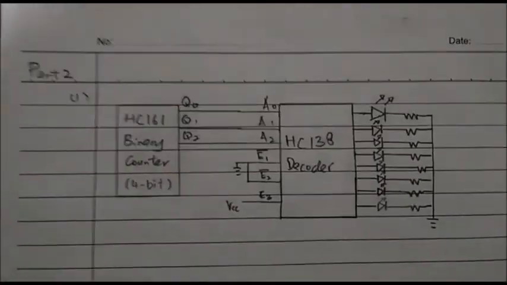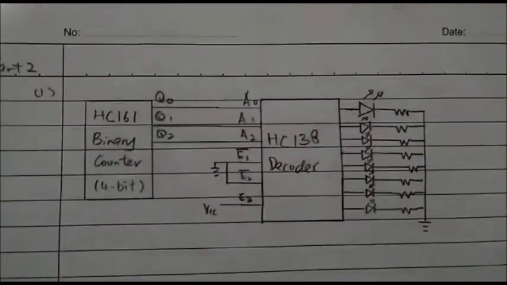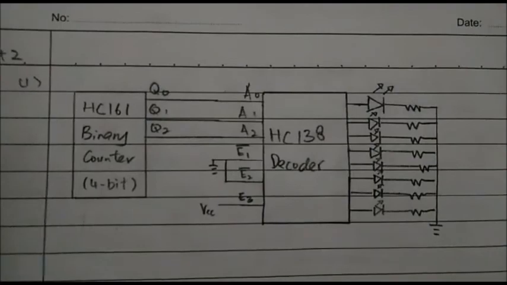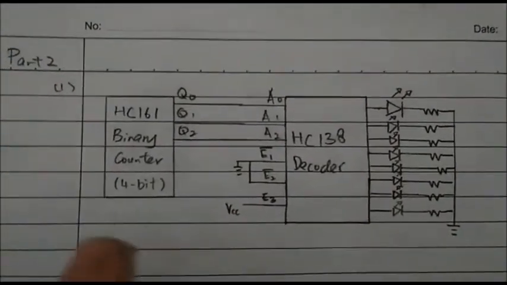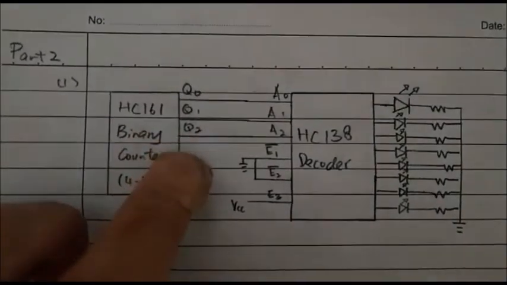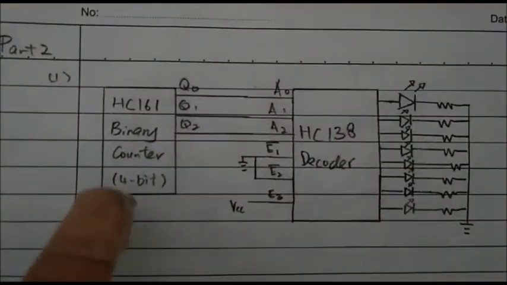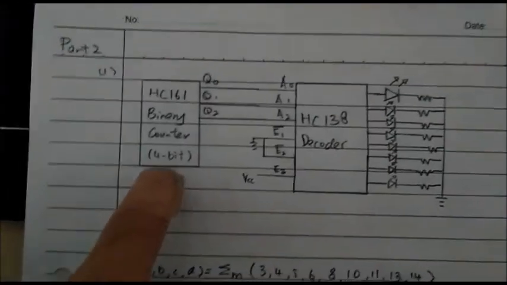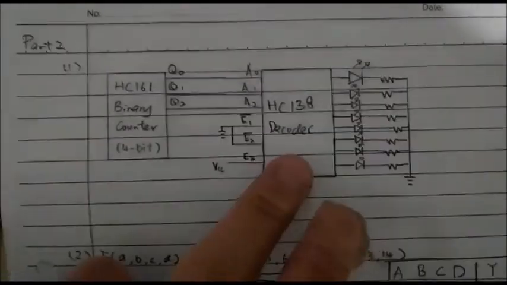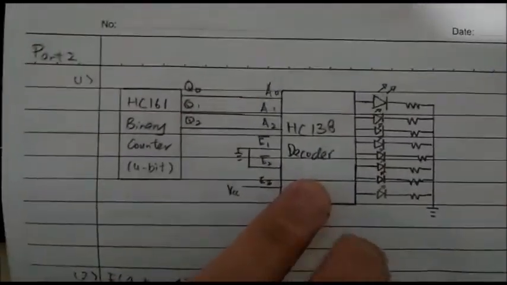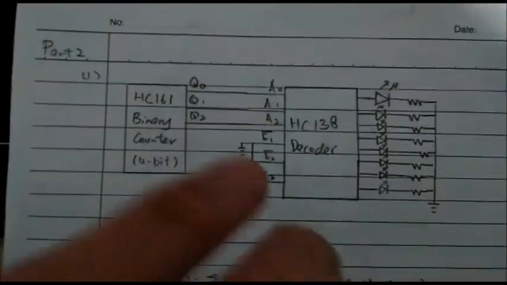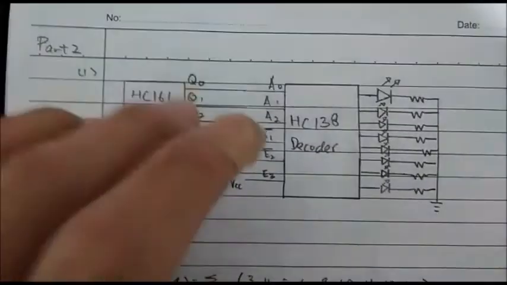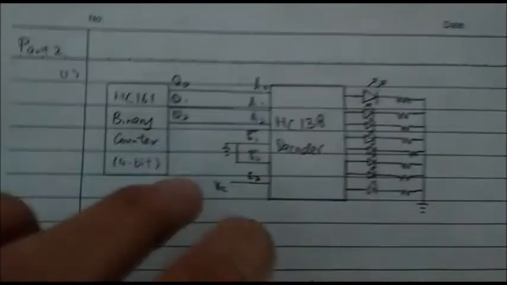Hi, this is part 2 of lab 3 for the reverse light chaser, and here just to explain why Q3 is not used. Actually this binary counter is a 4-bit binary counter, whereas the decoder is a 3-bit decoder, so there can only be 3 inputs for the decoder. So we decided to use these 3 inputs because Q3 is actually the most significant bit.